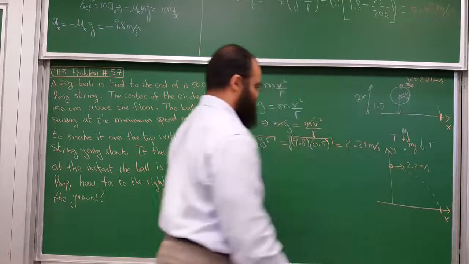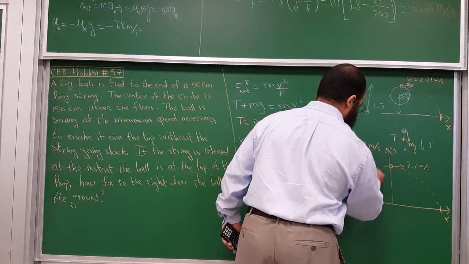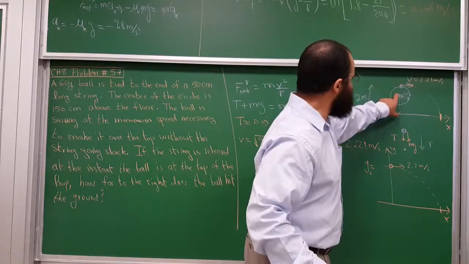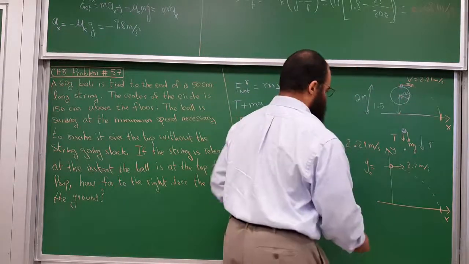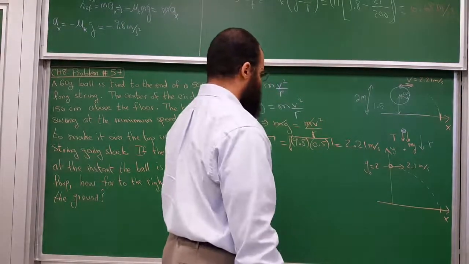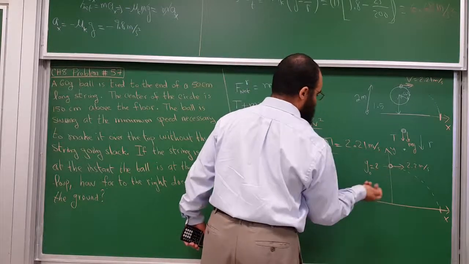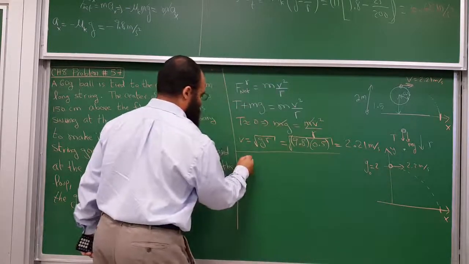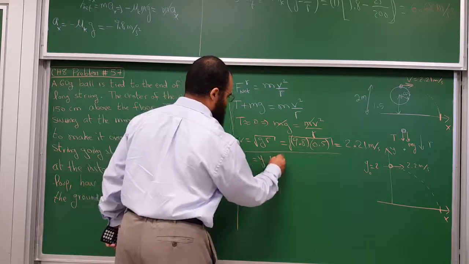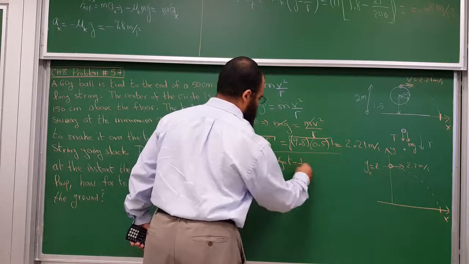And the question is, what is x? Well, initially, y initial is the height of the ball. Again, we said this is 1.5, this is 0.5, so that's 2 meters. At the end, the ball hits the ground, so that's 0. The velocity is only in the x direction, so Vy initial is 0. So we get y final equals y initial plus Vy initial times the time minus 1/2 g t squared.